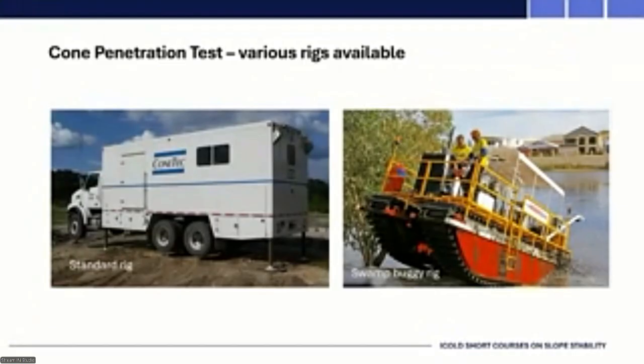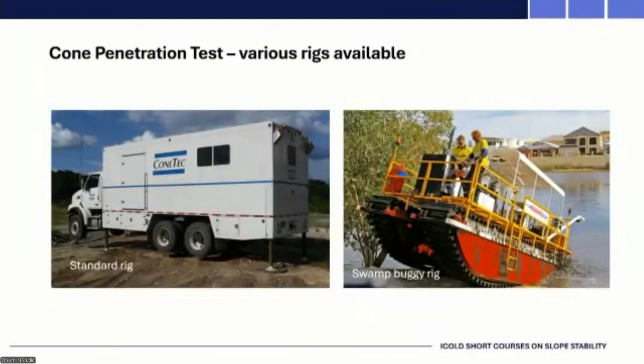The photograph on the left is one of these large truck-like vehicles, and you need a reaction to push against with the cone, because you're often generating a lot of resistance. So you need to keep the ability to push that cone. But sometimes you might be in really soft material.